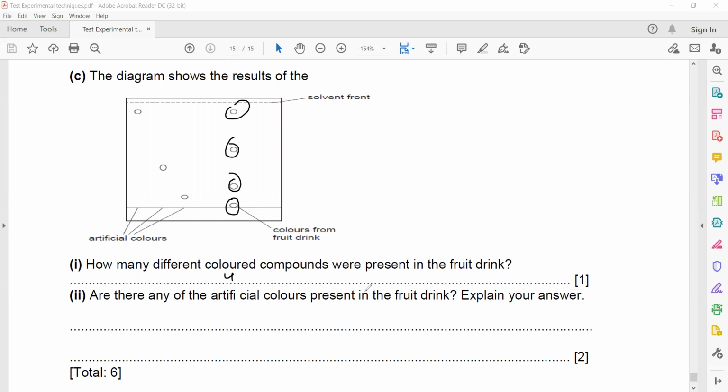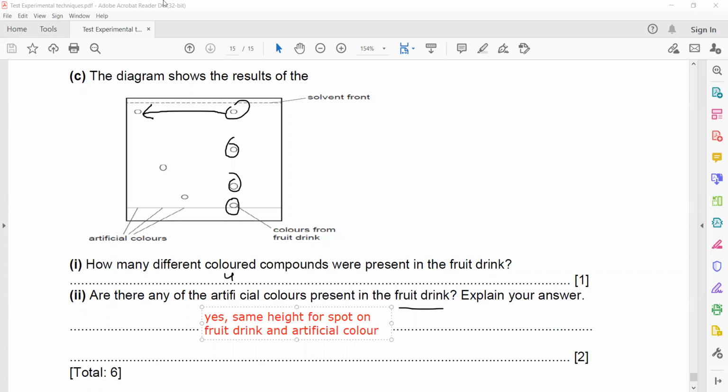Is there any artificial coloring present in the fruit drink? Explain your answer. Yes, there is artificial coloring present because it has the same height. So the answer should be yes, and the reason is that there is a spot at the same height in the fruit drink and the artificial color.